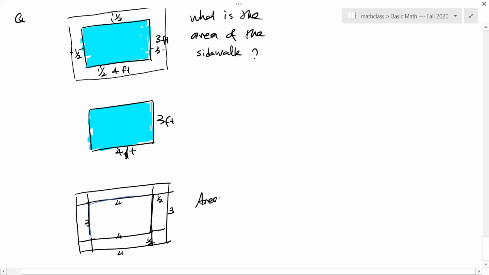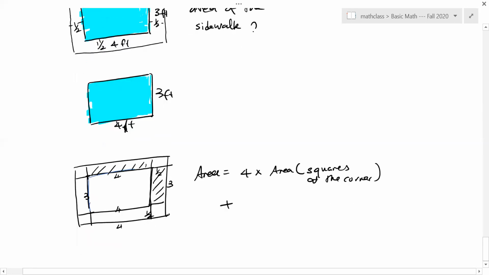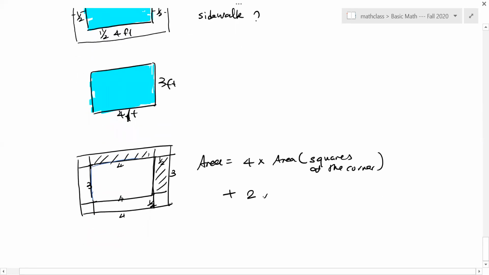So the total area of the sidewalk is 4 times the area of the squares at the corner, plus you have 2 types of rectangle, one is this, one is this. So it will be 2 times the area of the long rectangle.